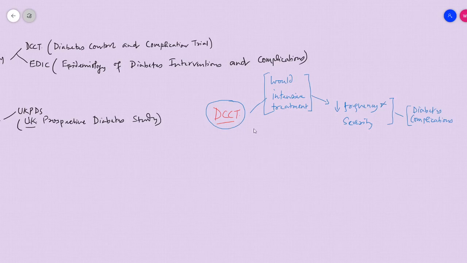For any clinical trial, you need patients. In this case, 1,441 patients were recruited, meaning they all had diabetes.